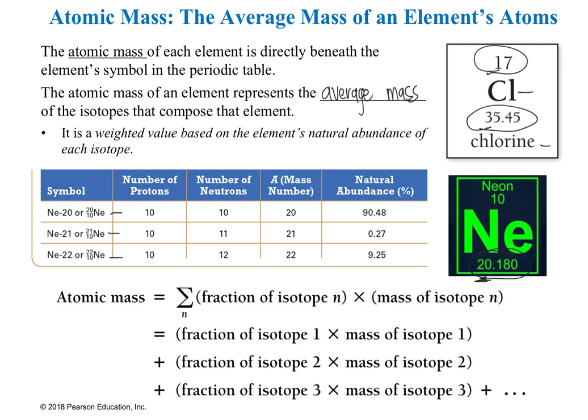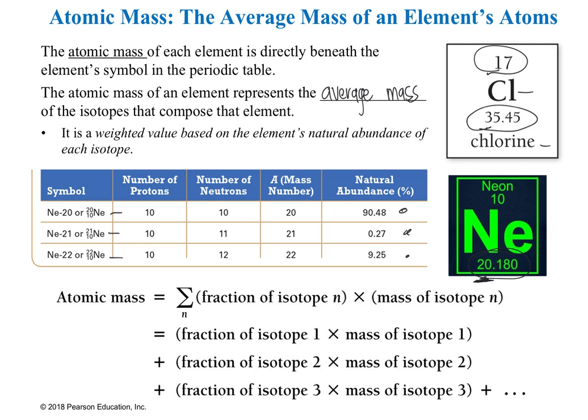This is telling me that there must be more of the neon 20 than the 21 or 22 because it's averaged a lot closer to the value of 20. And we can see that neon 20 has an abundance of 90%, where neon 22 is about 10%-ish, and neon 21 is a lot smaller.